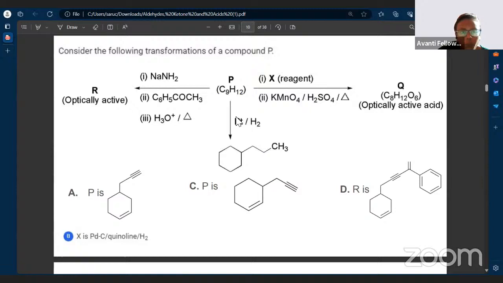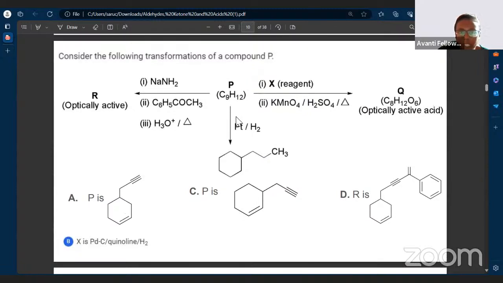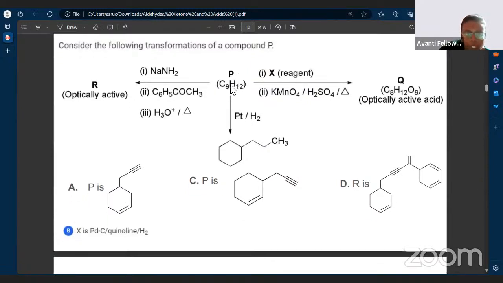Consider the following transformations of a compound P, whose molecular formula is C9H12. It is converted to Q when you use a reagent X, treating with acidified KMnO4 and heating, and you get an optically active acid as the product.